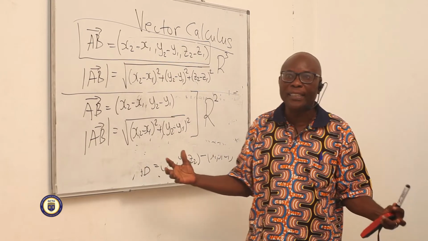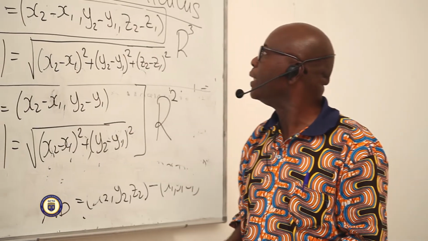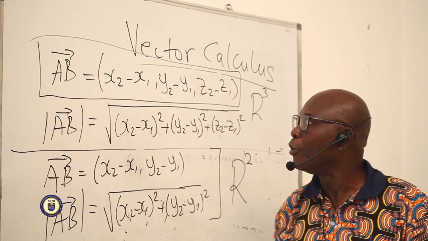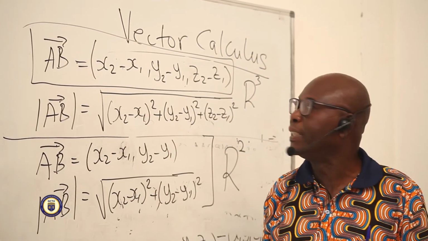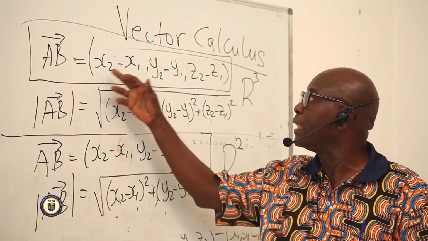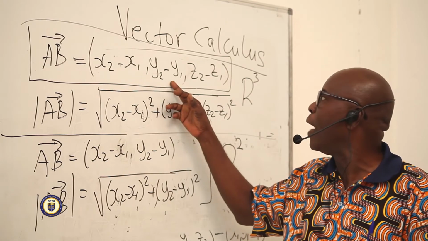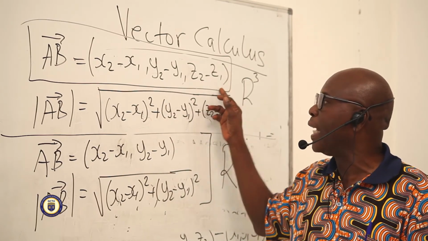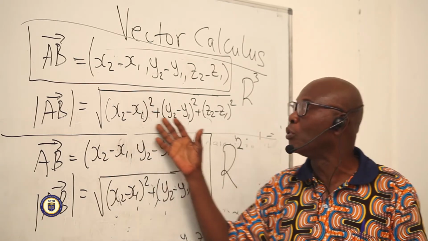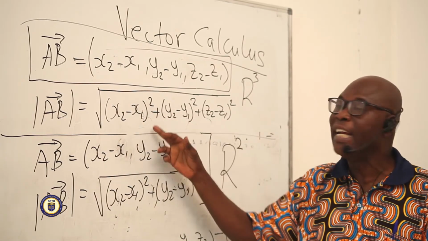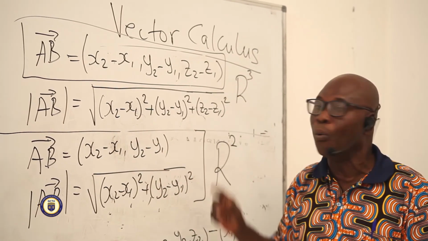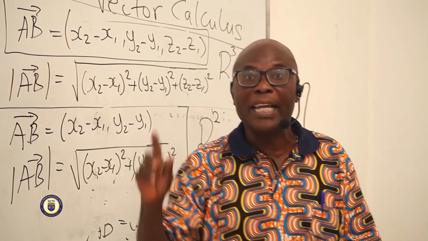If it's in space, the 3-dimensional, we have the vector being represented by x2 minus x1, y2 minus y1, z2 minus z1, and then the magnitude is defined by this formula, the square root of the differences in their respective coordinates, and then that is how we'll define the vector AB that is in space.